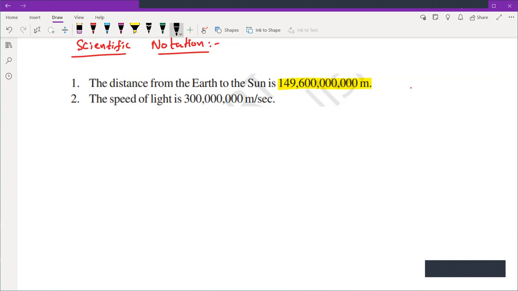Is it 149 billion, not billion? Crore? $149,600 millions.